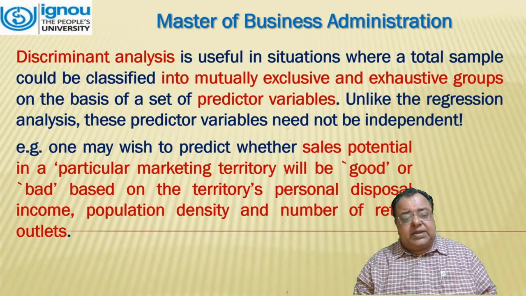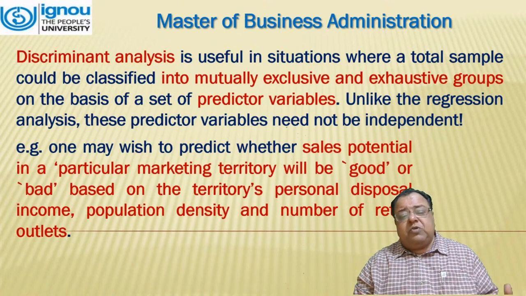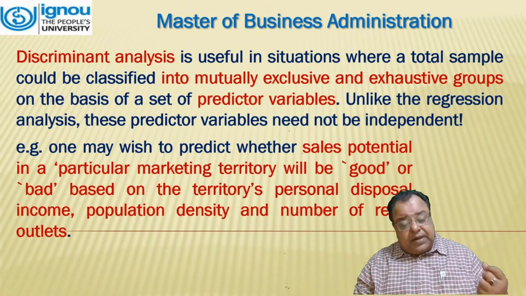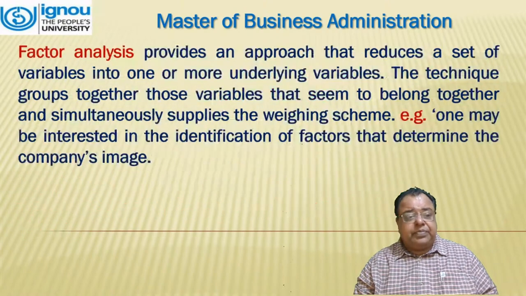Unlike regression analysis, these predictor variables need not be independent. For example, one may wish to predict whether sales potential in a particular marketing territory will be good or bad based on the territory's personal disposable income, population density, and number of retail outlets.